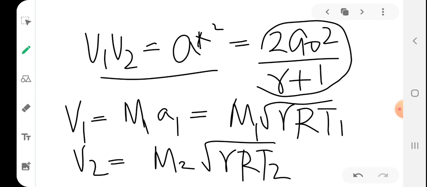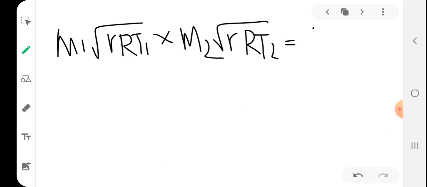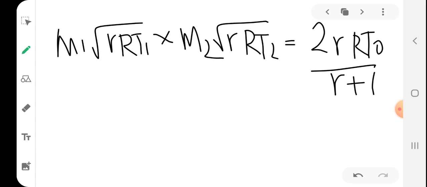Instead of a0 square you can write gamma R T0, since a0 is root of gamma R T0. So root gamma R into root gamma R is gamma R, and this gamma R cancels.